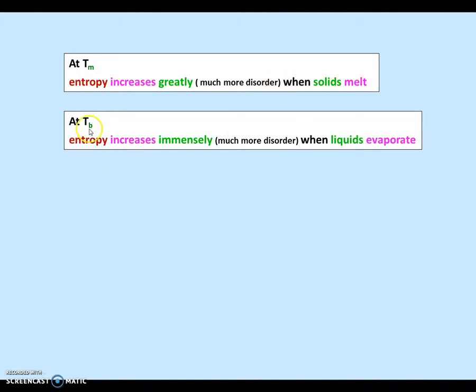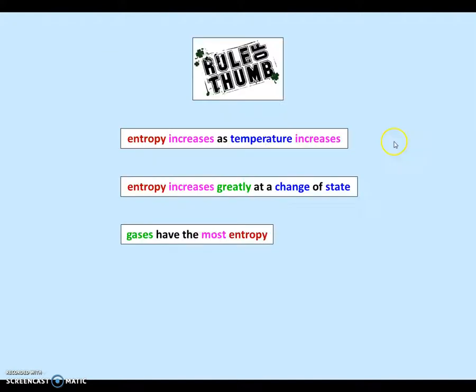At the boiling point, the entropy increases immensely, so the magnitude of the increase is much more than that at the melting temperature, and this is when the liquids evaporate.